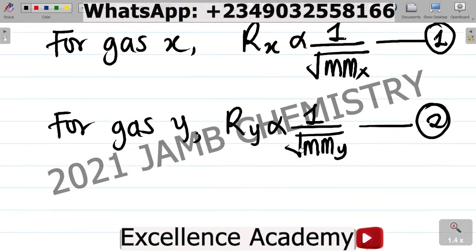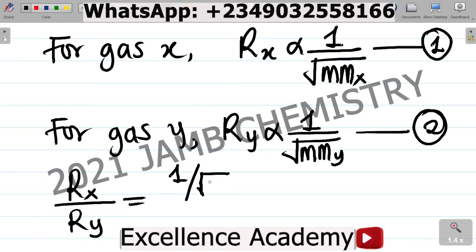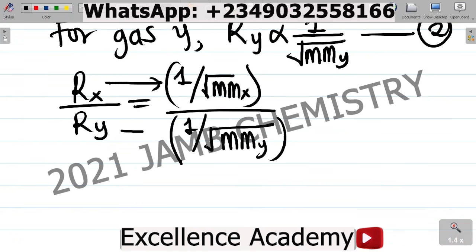If I divide equation 1 by equation 2, I'll have Rx divided by Ry is equal to 1 all over the square root of the molar mass of X, divided by 1 all over the square root of the molar mass of Y.